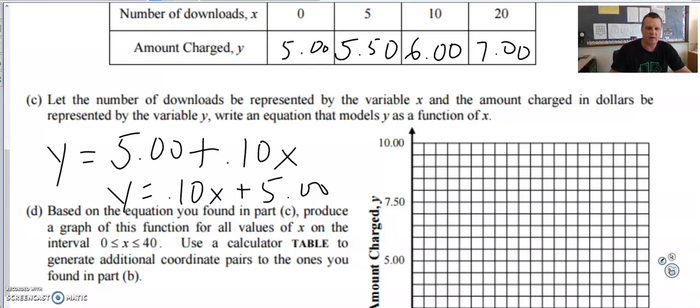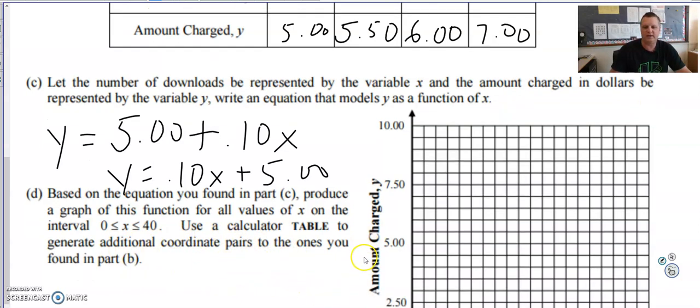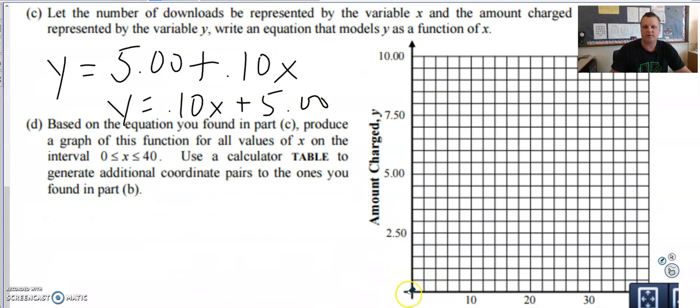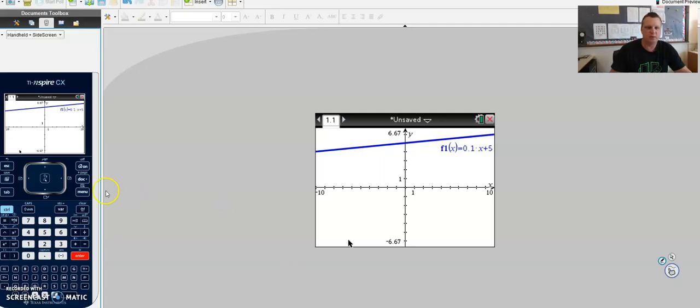They want us to generate additional coordinate pairs to the ones you found. If I want it between 0 and 40, I'm going to find what 0 is, find what 40 is, and then a couple in between. You can, if you want, use the table.